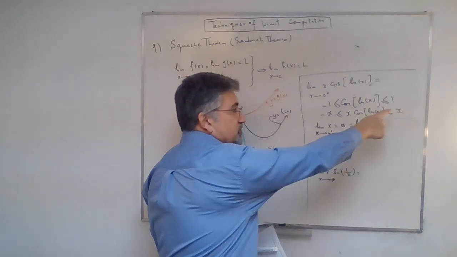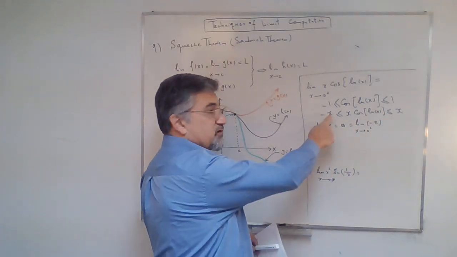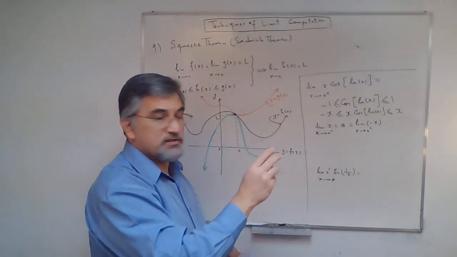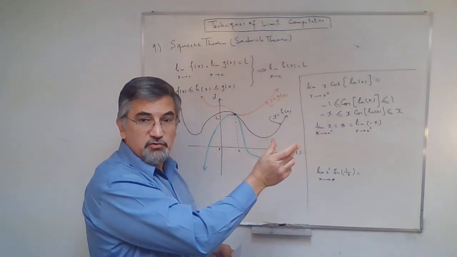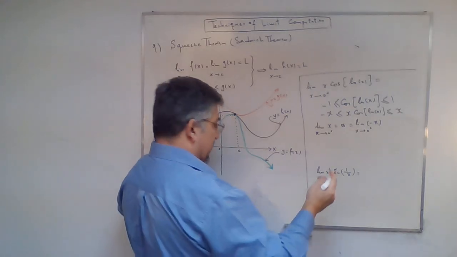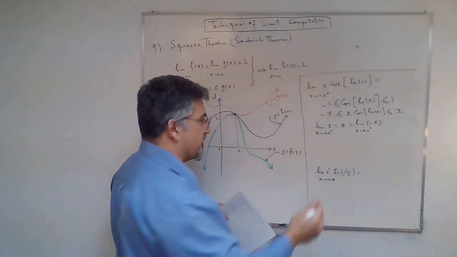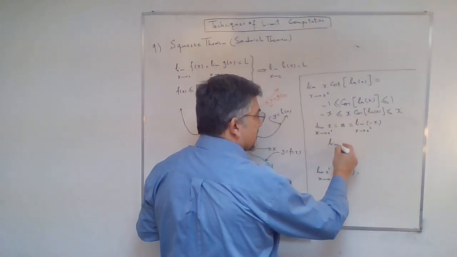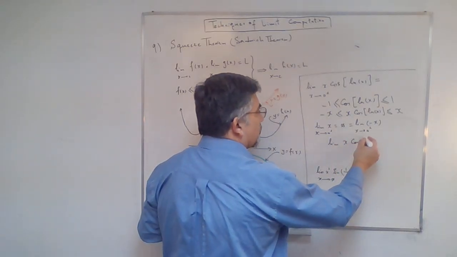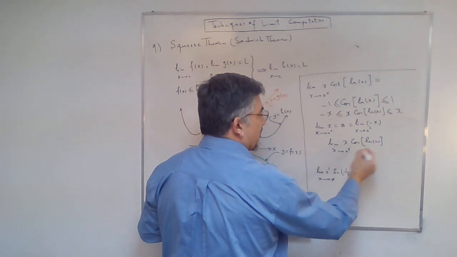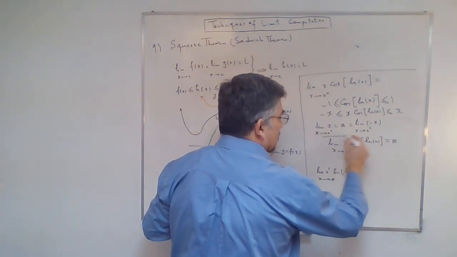So the limit of the function on the right side is 0, the limit of the function on the left side is 0. And now we want to find the limit of the function that is squeezed or sandwiched in between these two functions. According to the squeeze theorem, we can say that the limit of x times cosine of ln of x when x approaches 0 from the right side is also equal to 0.